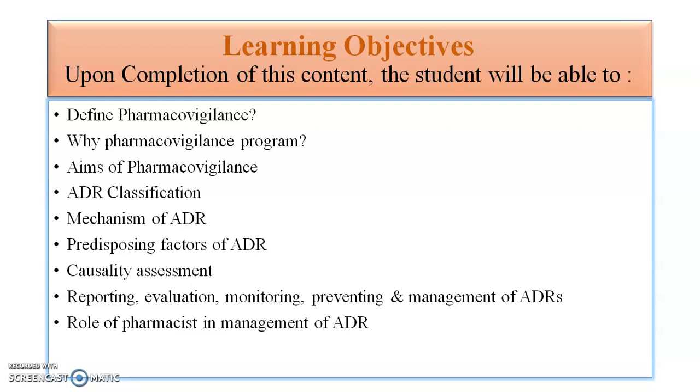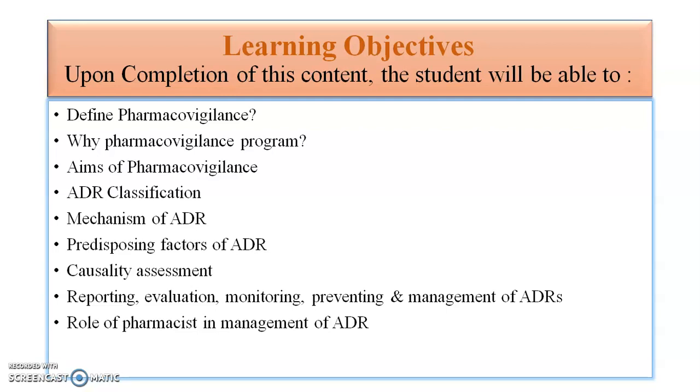Those learning objectives include the definition of pharmacovigilance, why a pharmacovigilance program is necessary, what are the aims of the pharmacovigilance program, how we classify adverse drug reactions, what are their mechanisms of action, what are the predisposing factors which lead to adverse drug reactions, and how we assess causality of every adverse drug reaction which has occurred.